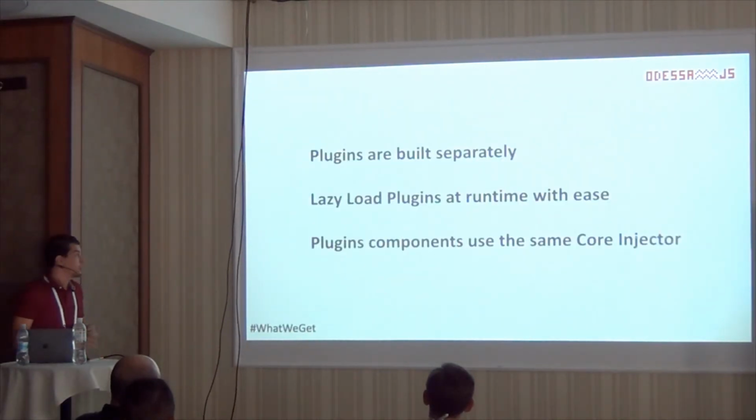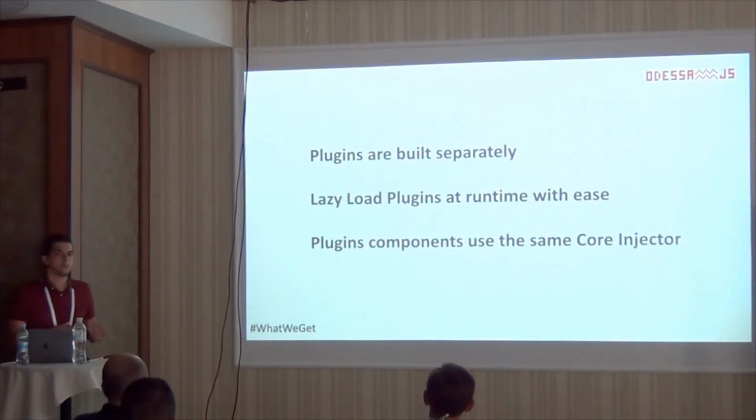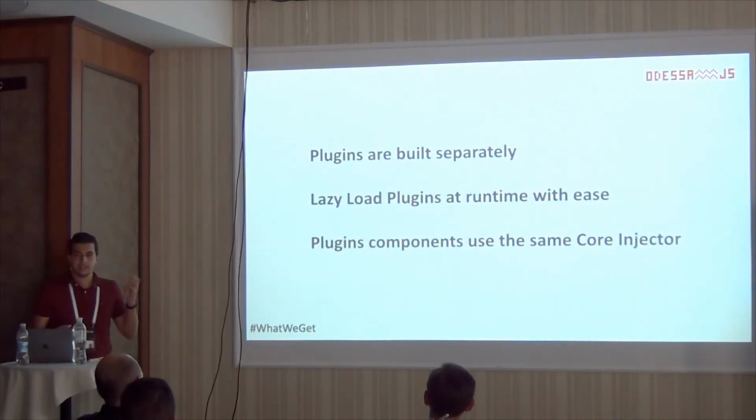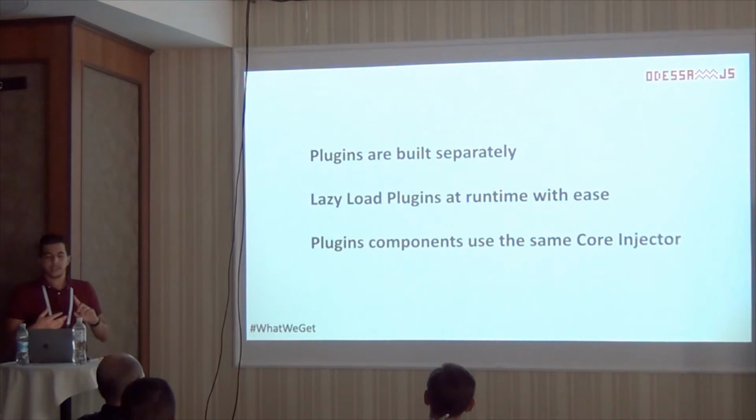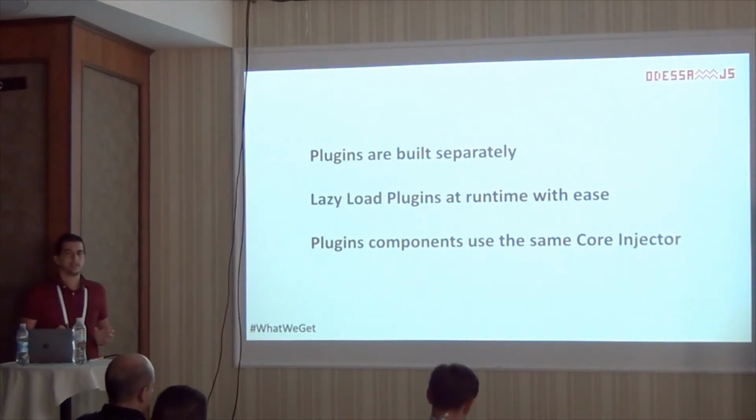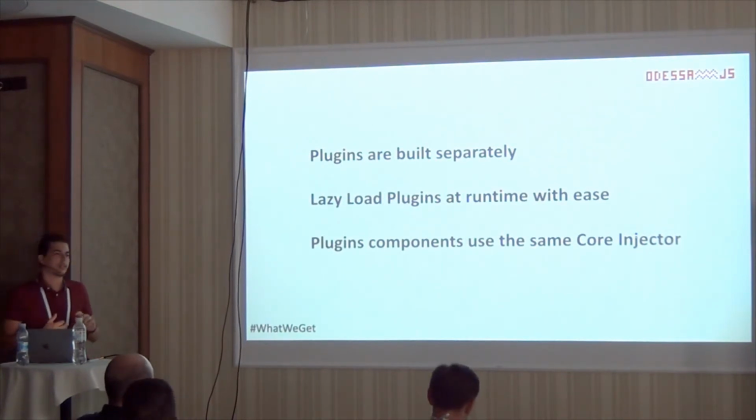So now, using system.js, the Angular compiler and ng Packager, we have resolved the issue: develop a plugin separately, build it separately, lazy load it at runtime, and use the same core dependency injector to inject our API into our plugin.